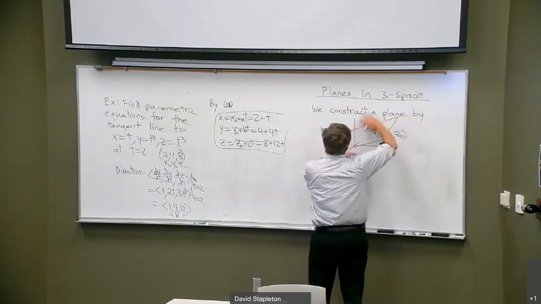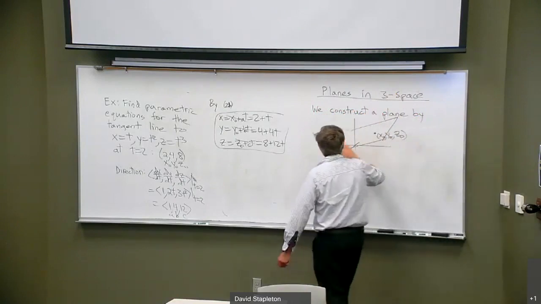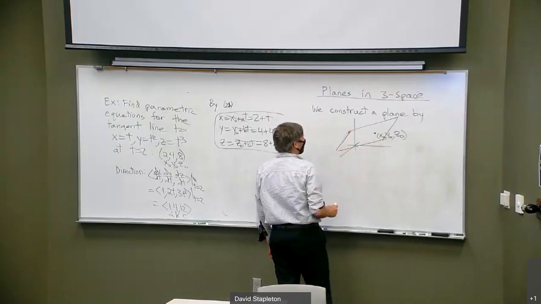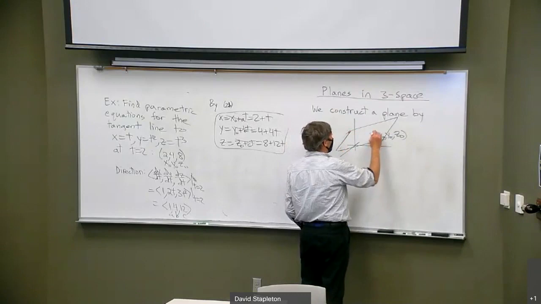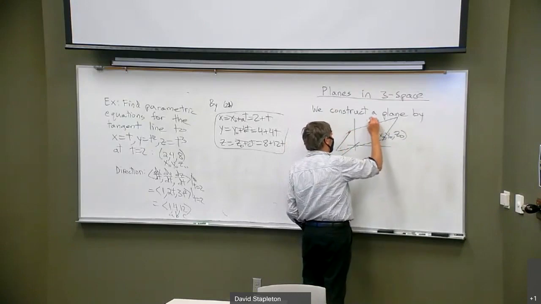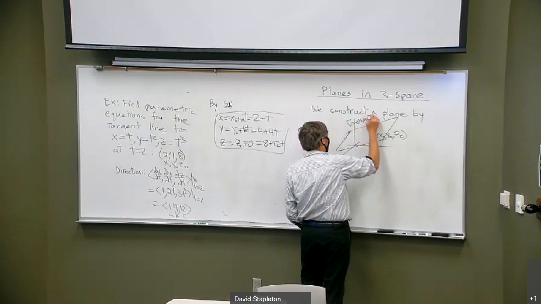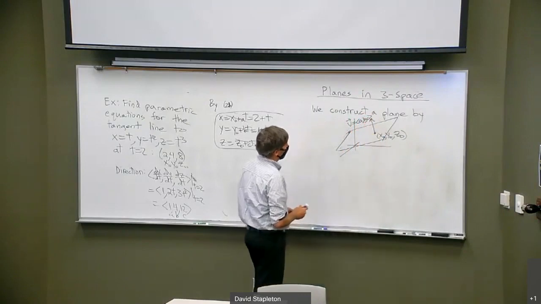And it actually extends out to infinity, right? It's a plane. Close enough. All right, and then if you have that point, and suppose you have a vector as before, let's give it three components since it's in three-space, a, b, c, that's perpendicular to the plane. We can construct the plane as follows.